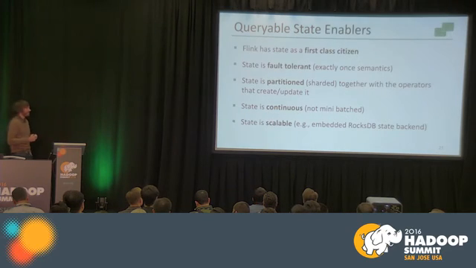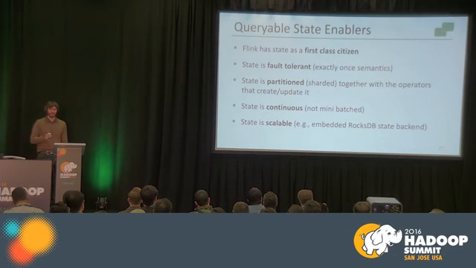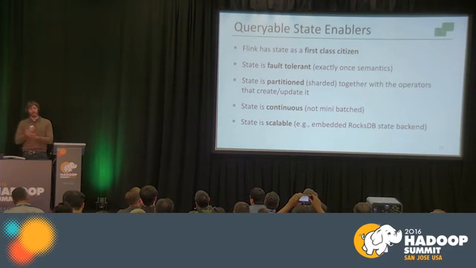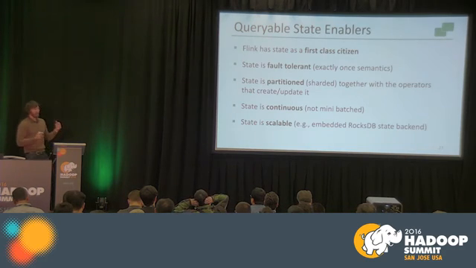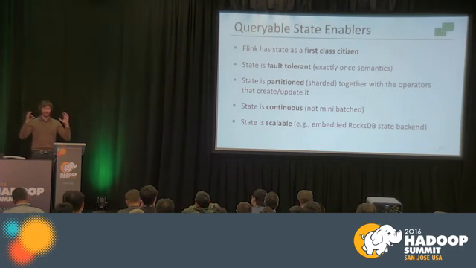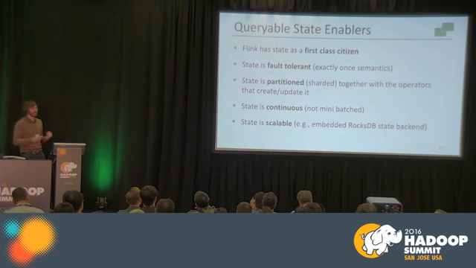And I think the answer is that in order to do this, you have to have support for state inside the stream processor that is powerful enough to handle this. In particular, you actually have to have something like first-class support for state in the stream processor, which has not been true for stream processors for a while, I think.